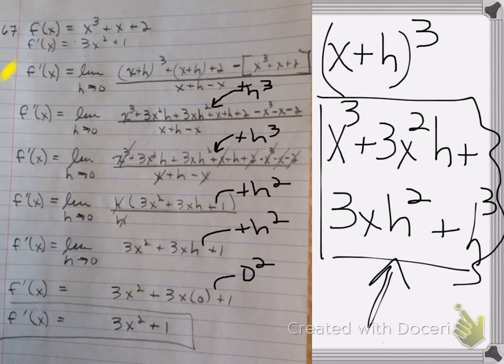So again, the procedure is expand everything correctly as opposed to the way I did it, and you're looking to cancel your terms that don't have h's with them, then factor out that h in this problem right here. Once I factor out my h, I'm left with my nice limit as h goes to 0. Put in your zeros.